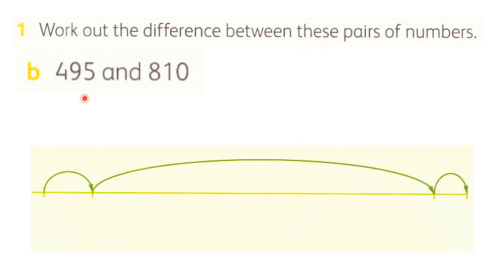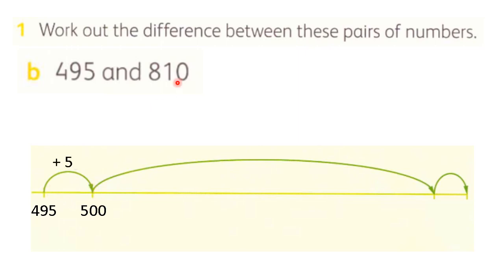Now, let's check your answers to exercise 1. B. 495 and 800. Our first number on the number line is the smaller number, 495. Our first jump will be to 500, which is plus 5.